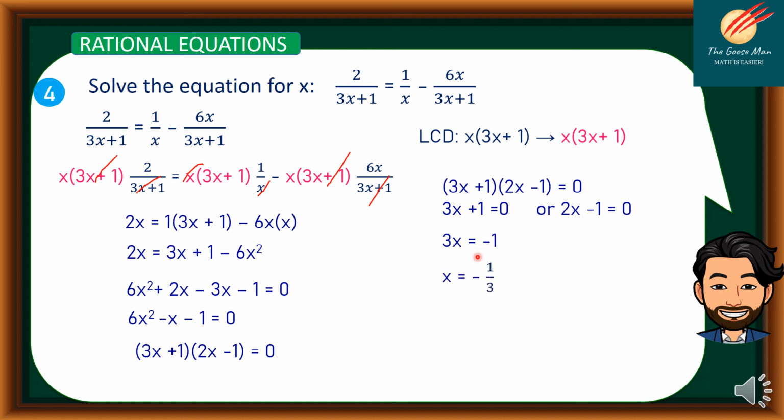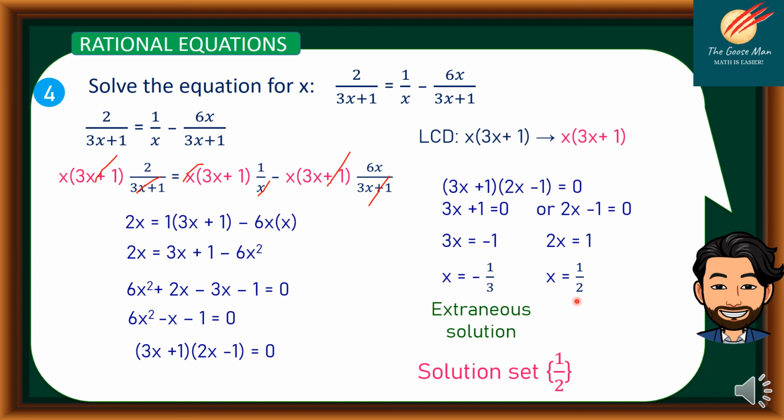Divide both sides by 3, x is equal to negative 1/3. Take note, this is an extraneous solution because this is the excluded value of x. On the other hand, we have 2x is equal to 1. Dividing both sides by 2, x is equal to 1 half. Therefore, the solution set is 1 half.